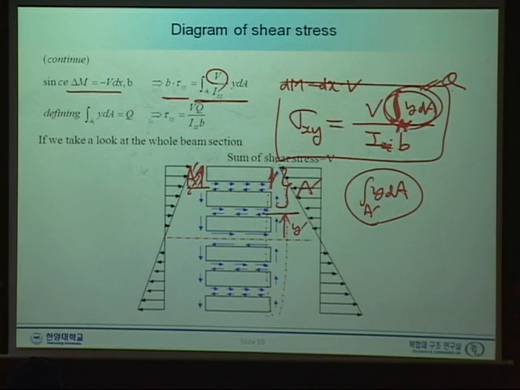So finally, if we integrate this part, then the shear stress, as you can see here, is simply parabolic here and parabolic here. So at the top it is 0, and downward it increases to the maximum at the center, and decreases to 0.